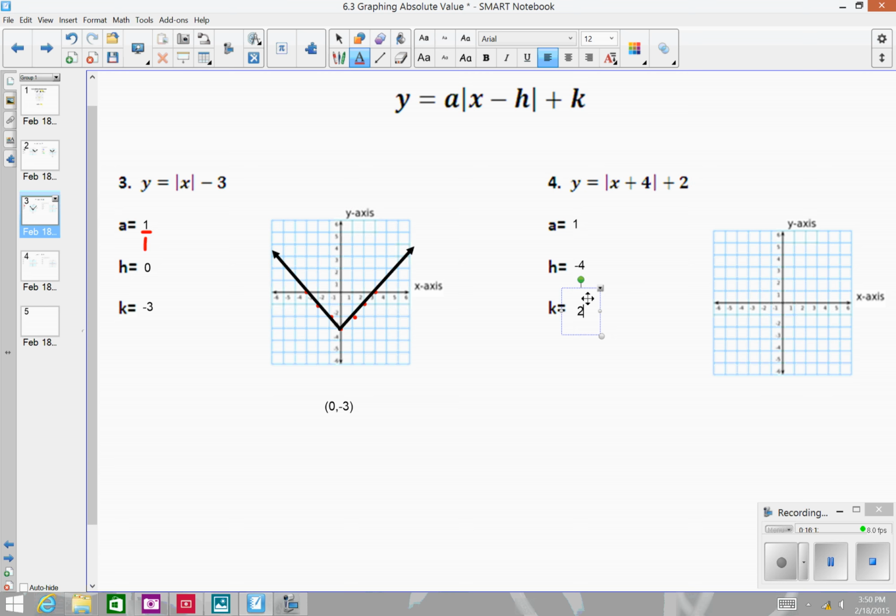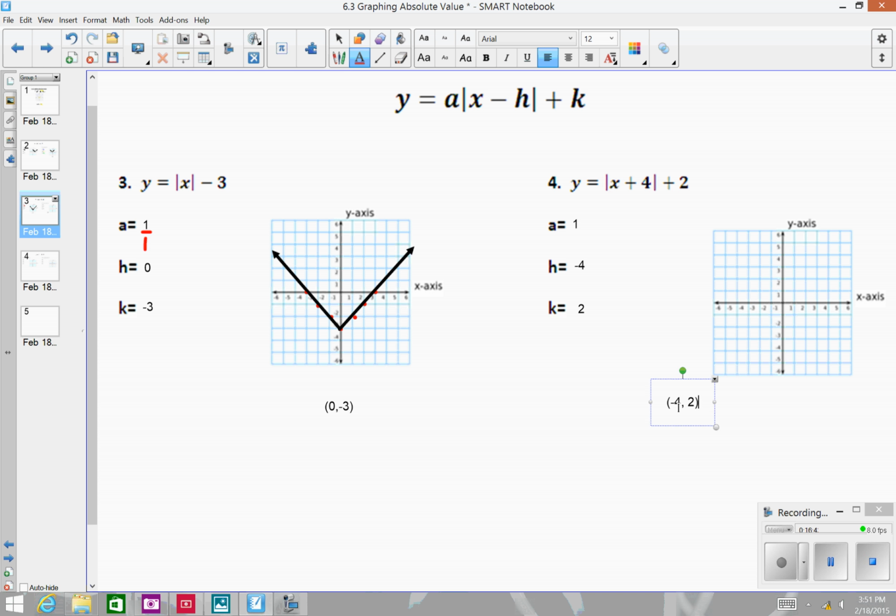Good. So now the next thing I want to do is write my vertex. My vertex is going to be the ordered pair of what? h, k. So you can think Hello Kitty, right? Anything that has an H and a K. So think h first, so it's going to be -4, comma, k, which is 2.